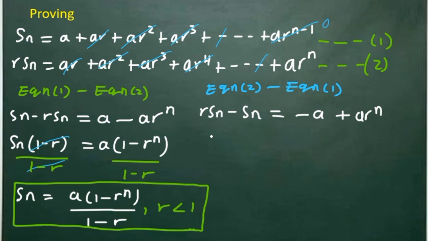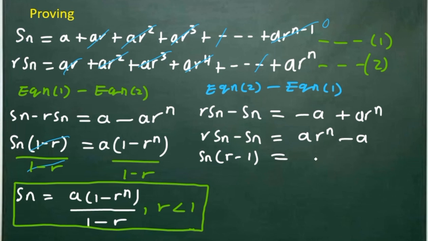So this expression can be written as rSn minus Sn equals ar to the exponent of n minus a. Now let's factor out what is common to both sides of the equation. Sn, and what we are left with is r minus 1, equals a, and this will be r to the exponent of n minus 1.